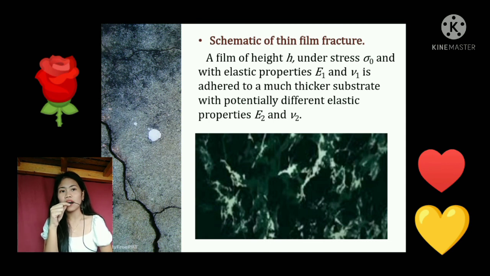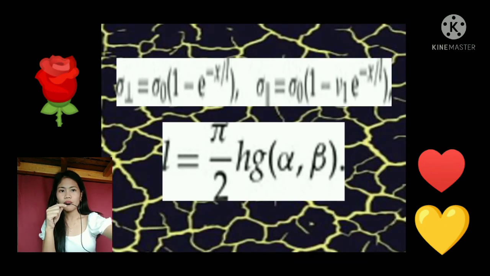The diagram is a schematic of thin film fracture. A film of height h under stress sigma sub 0, and with elastic properties E sub 1 and V sub 1, is adhered to a much thicker substrate with potentially different elastic properties E sub 2 and V sub 2.